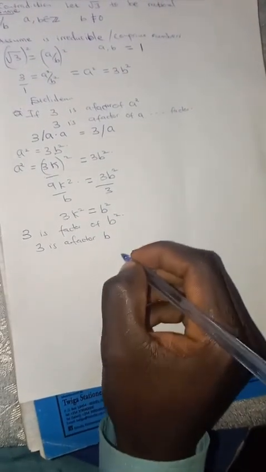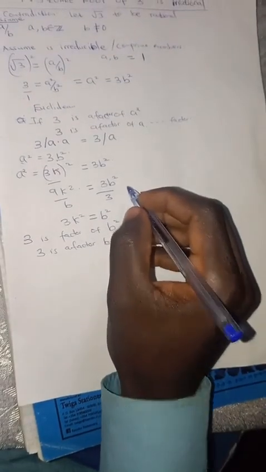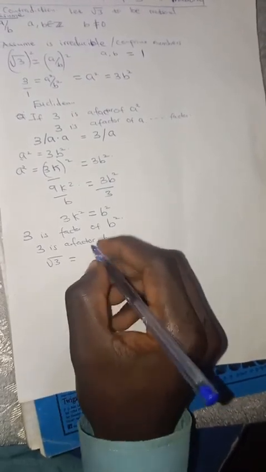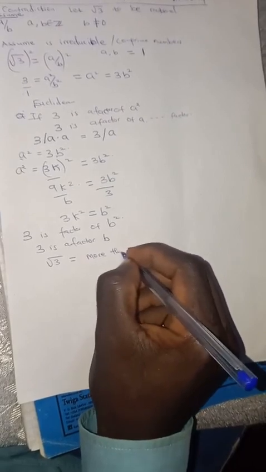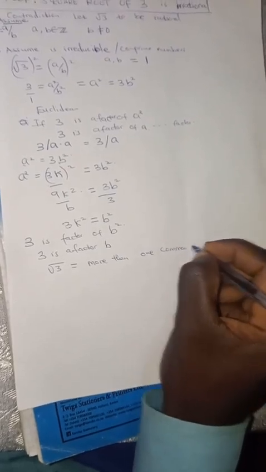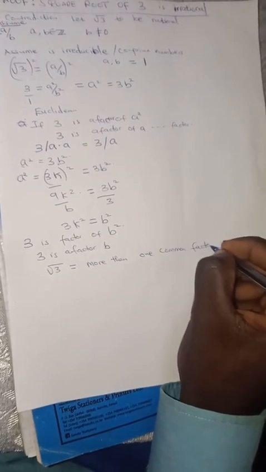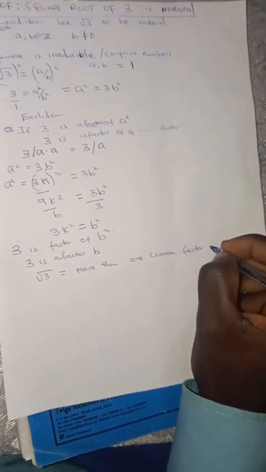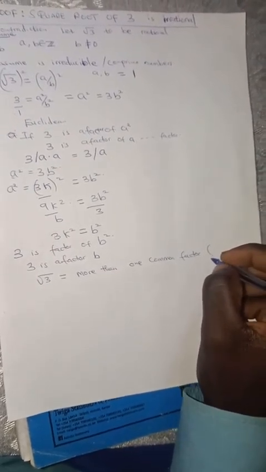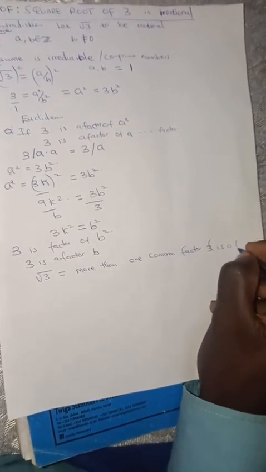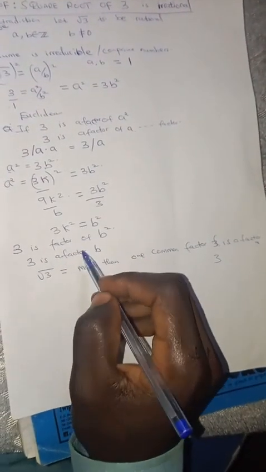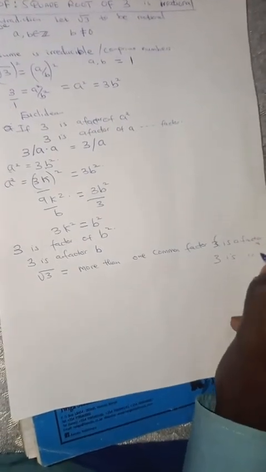This is a contradiction, because the fraction then has a common factor more than 1: 3 is a factor of a, and 3 again is a factor of b.